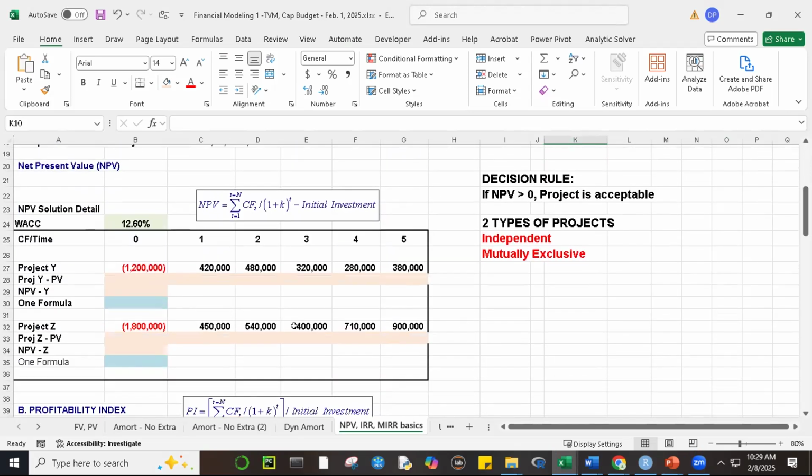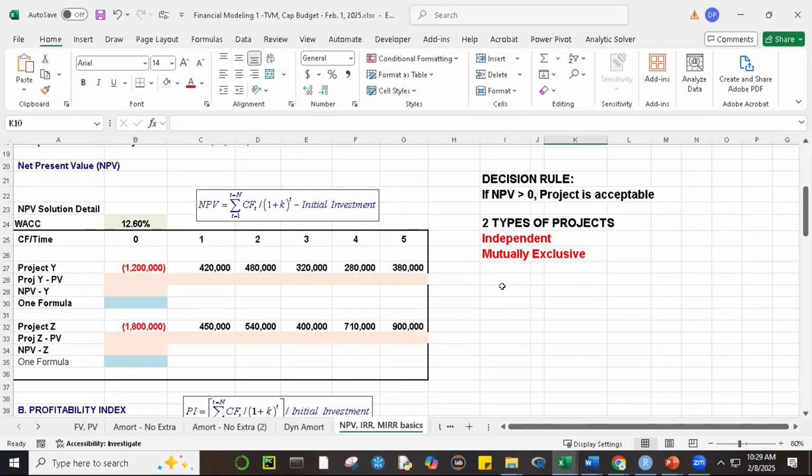Okay, so given these cash flows, you have two projects, Project Y and Project Z, and these are your cash flows. Take note, they are not your net profit. They're not your net profit, they are your cash flows.